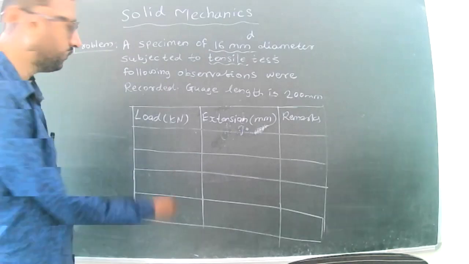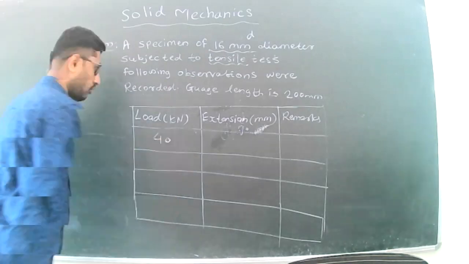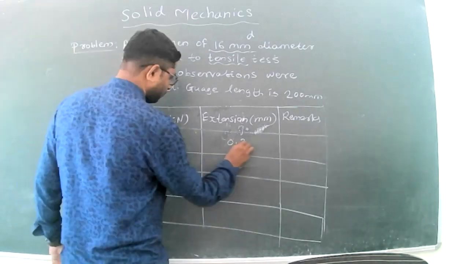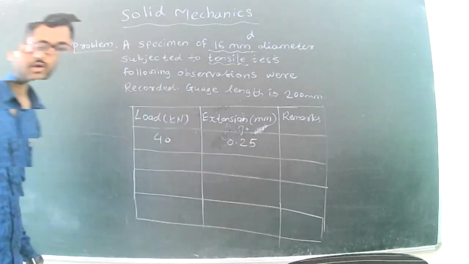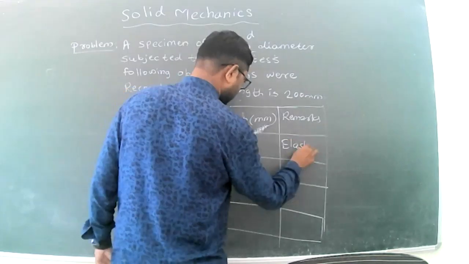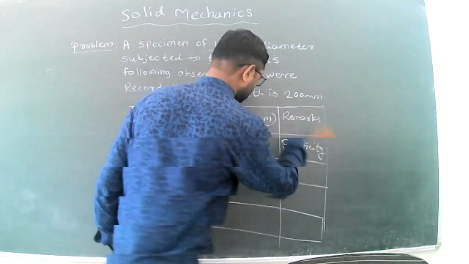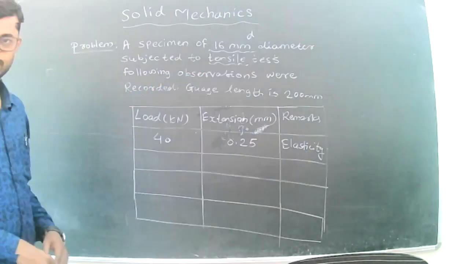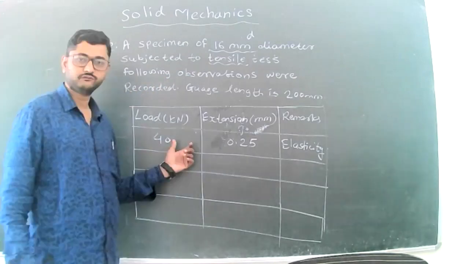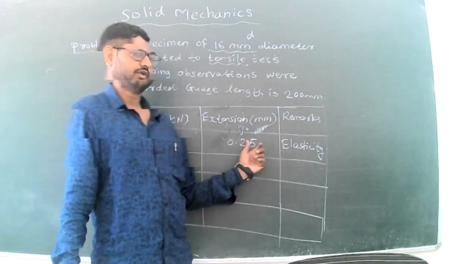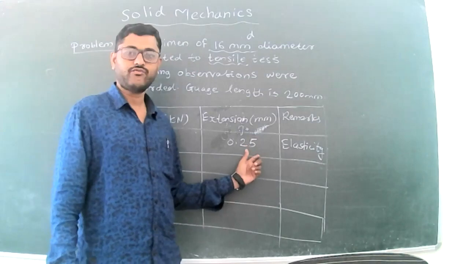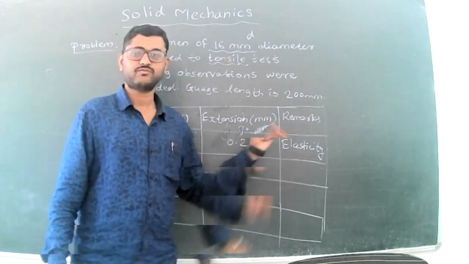A load of 40 kilonewton is given, with deformation, extension of 0.25 mm, and these values are for elasticity.